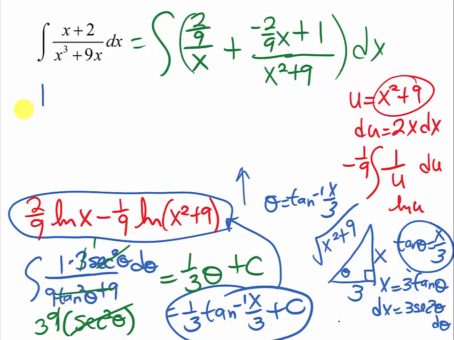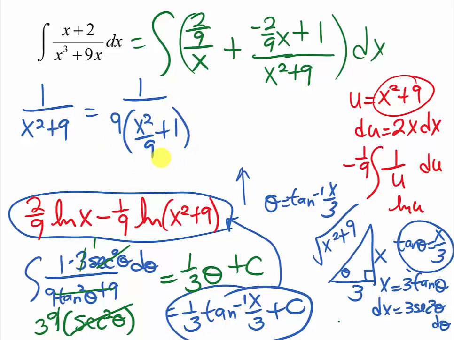Okay, so if we get this out of the way, if we're looking at this particular one that was 1 over x squared plus 9, I can actually take that and factor out a 9. Since it didn't seem to factor out of the x squared, I could write this as x squared over 9. That way, if I multiplied it back through, it would be x squared, and this would be plus 1.